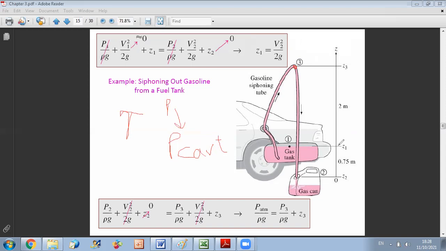This means that I will have conversion from liquid phase to vapor phase. This phenomenon is not desired, because I will have formation of bubbles in my liquid. So I should avoid going below the cavitation pressure. And always in a fluid system, I should determine the minimum pressure in my system to make sure that P minimum is larger than P cavitation, so that there is no possibility for cavitation.